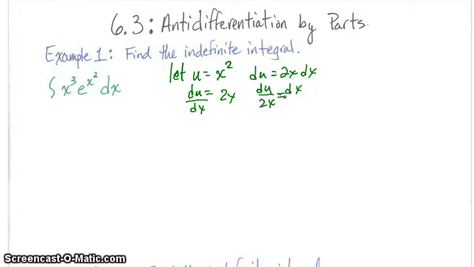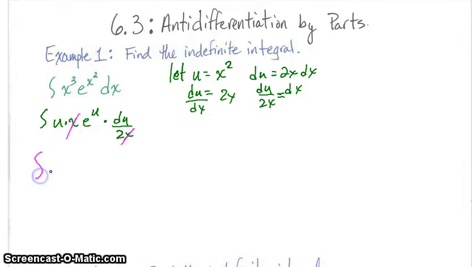So let's substitute. So I come back over and I get u times x e to the u times du over 2x. Nice! Look at that. Ka-chow. My x's cancel.